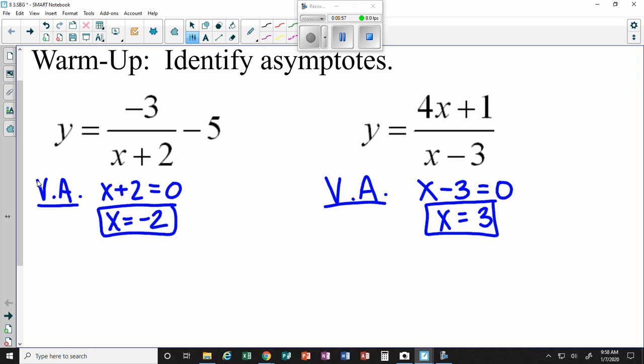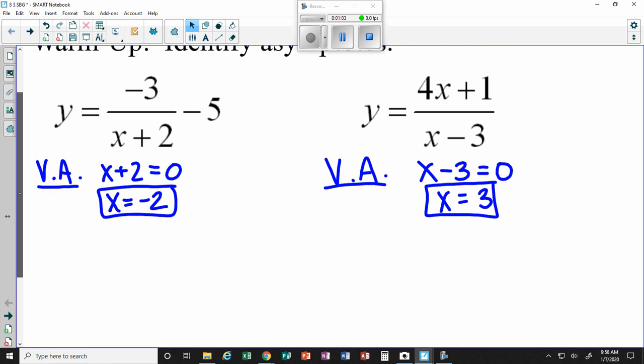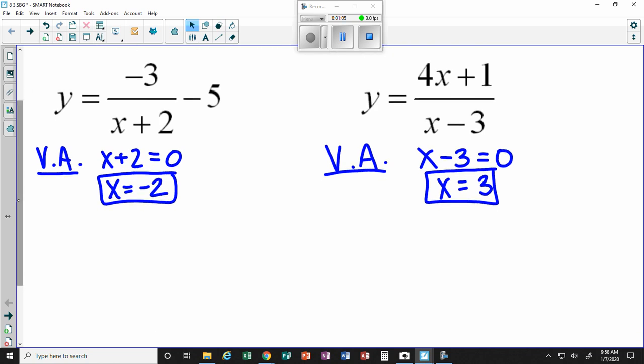Okay? Now, horizontal asymptote changes a little bit. It depends upon which form it's in, so you've got to recognize which one it's in. If you have an x on top and bottom, this is the one that's going to change.